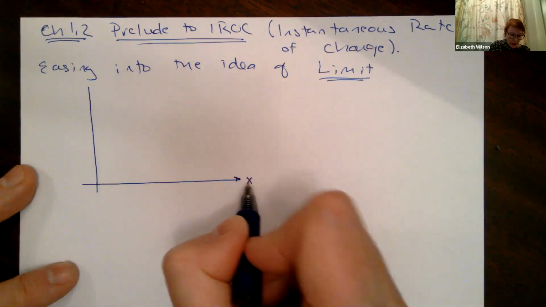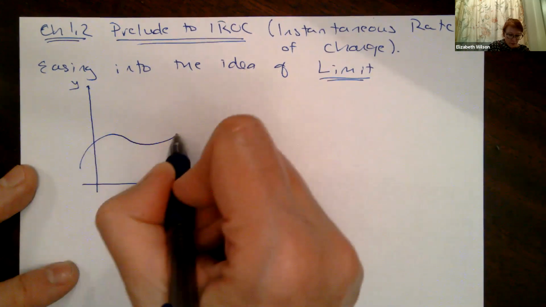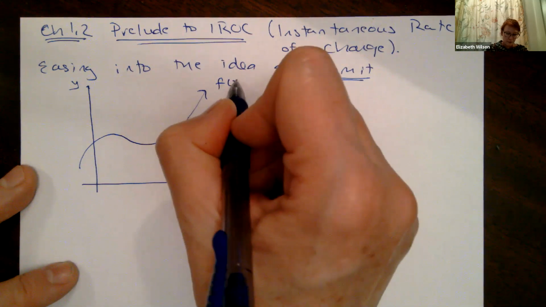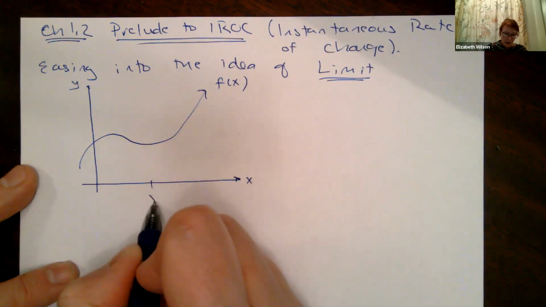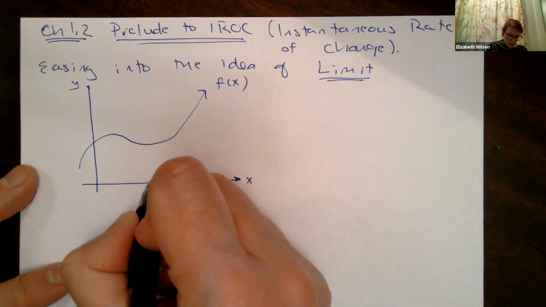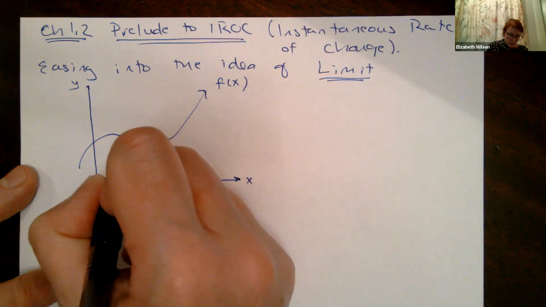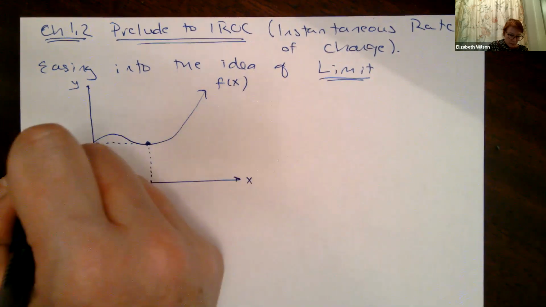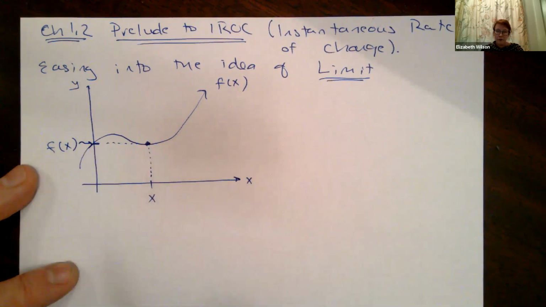I've got my coordinate axis, and I've got some function of x. Now let's imagine I've got some x value within the domain of my function, and right here I've got an x, y pair for a particular value.